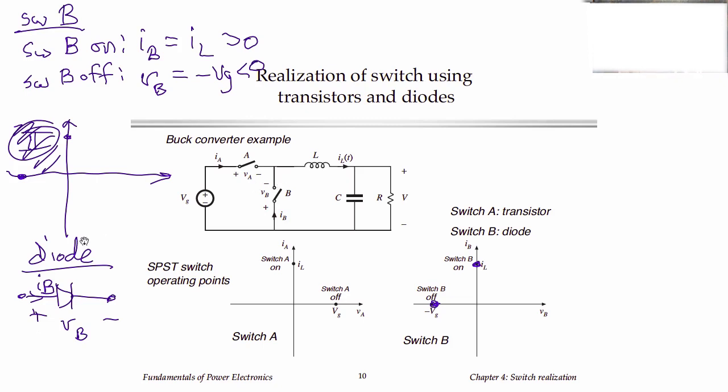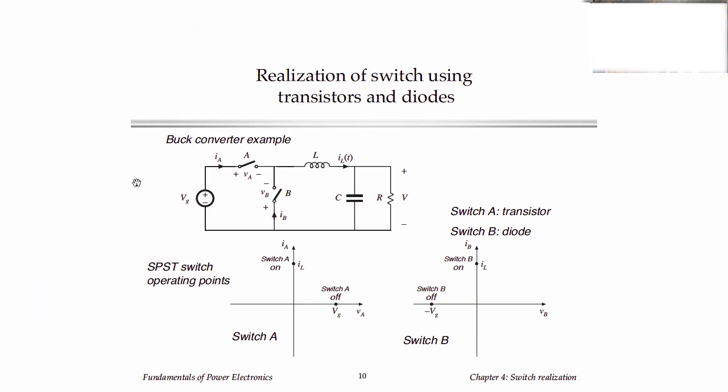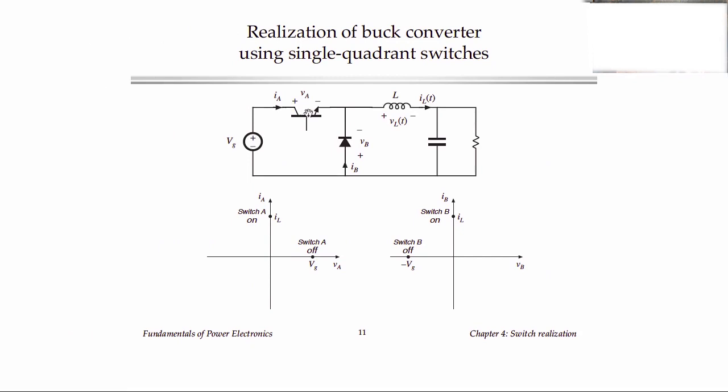Now you can see here also that the choice of switch isn't arbitrary. I couldn't put a diode at switch A or a transistor at switch B, at least not an IGBT or a BJT, so we have to realize the switches correctly. But by doing this simple exercise, we can follow in a systematic way to see exactly how to realize the devices. So here's a summary then. I put a BJT for switch A and a diode for switch B.